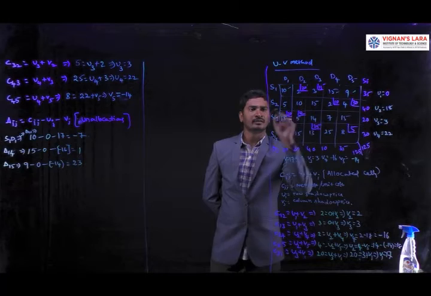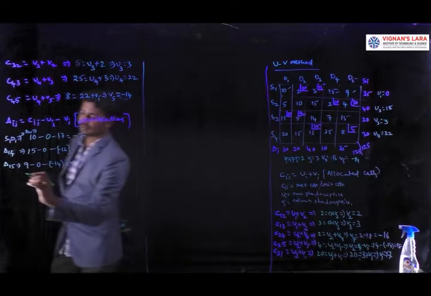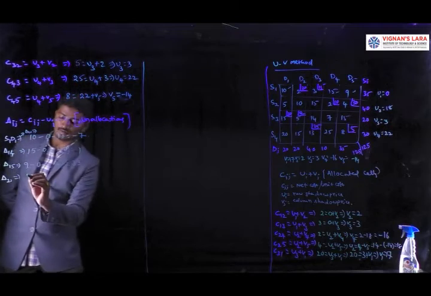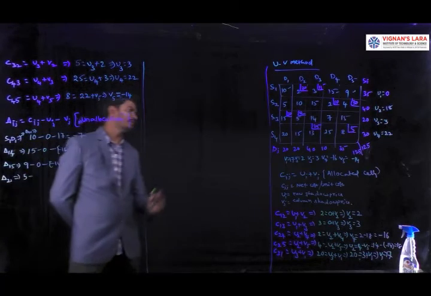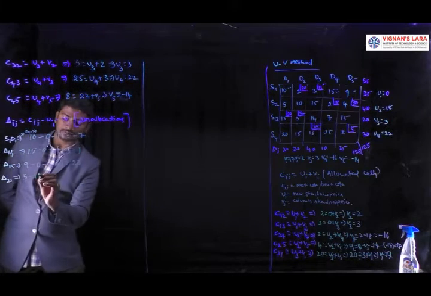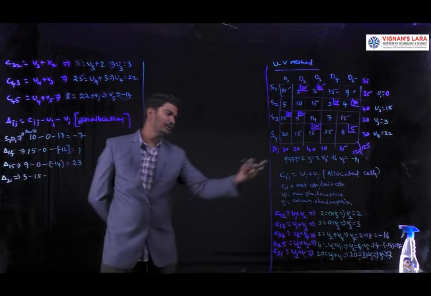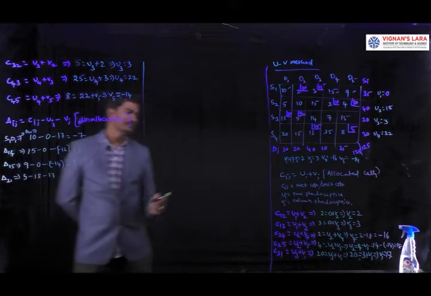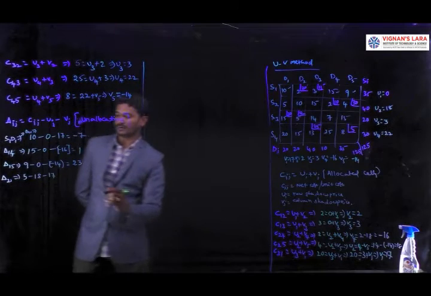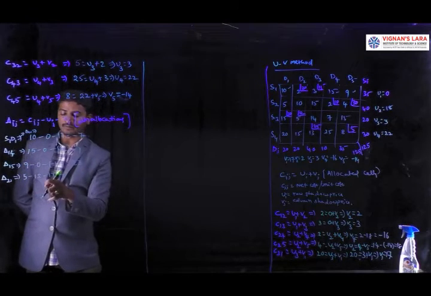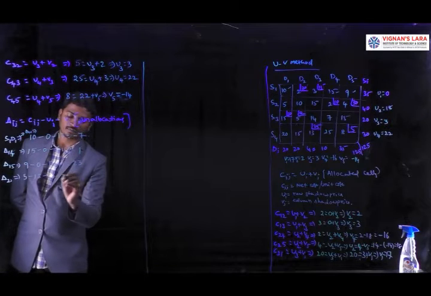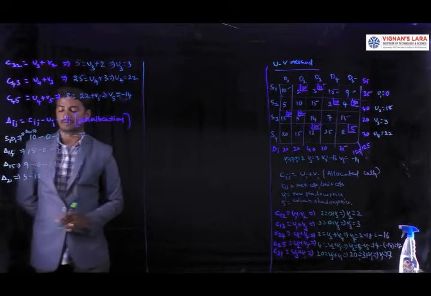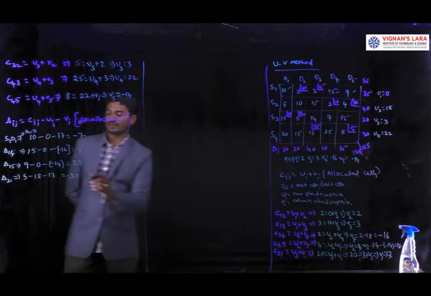Coming to this, 5 is there, so we have the 5 at 2 1. 5 minus U2 value, which is 18, minus the V1 value, 17. 5 minus 18 minus 17 gives minus 30.